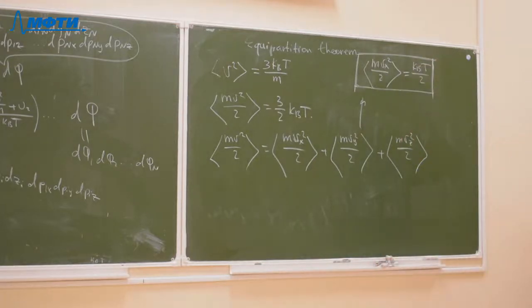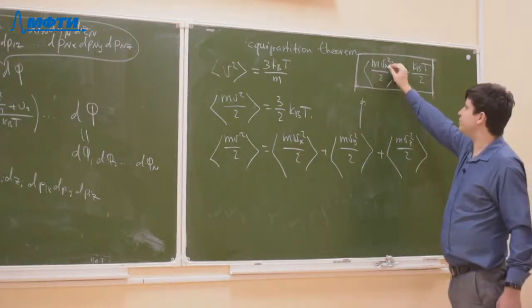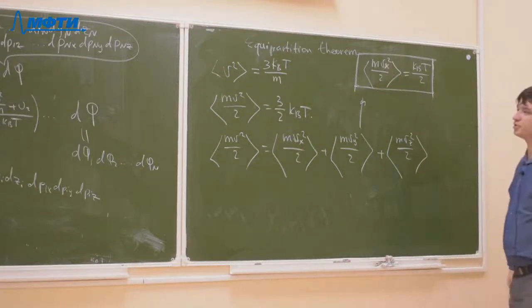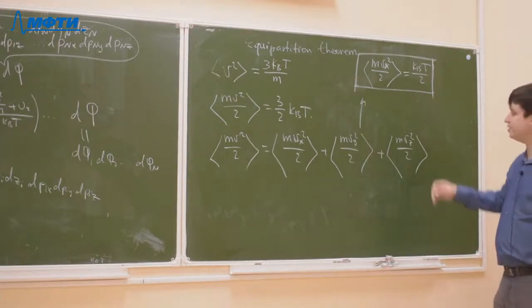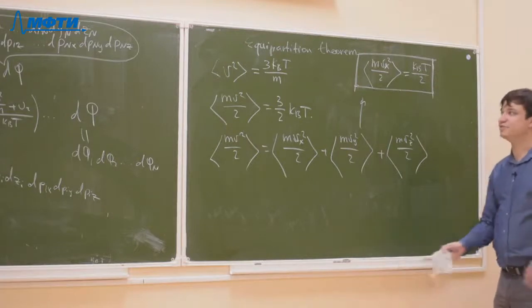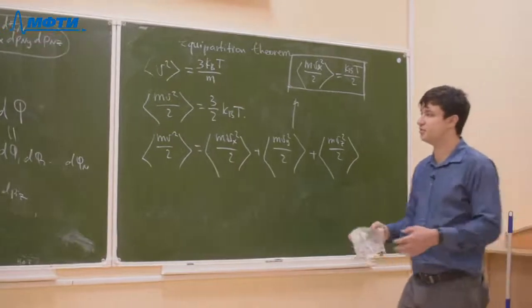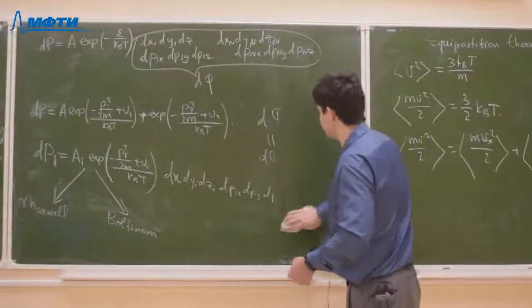So that means that if we have one axis and one velocity projection here, and one component of energy related to this velocity projection, then the average energy contained in this kinetic term equals kBT over 2. The same is valid also for potential energy, and the derivation is quite simple. It's similar to that of Maxwell's distribution.